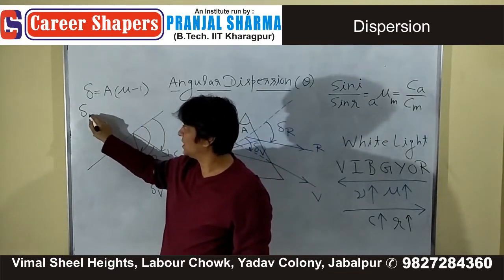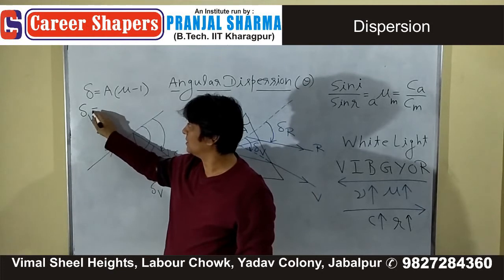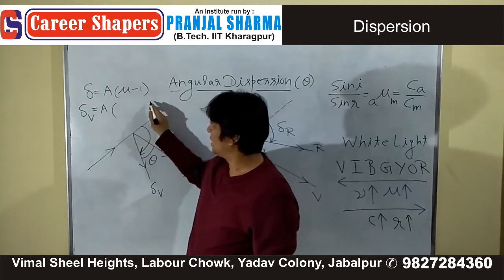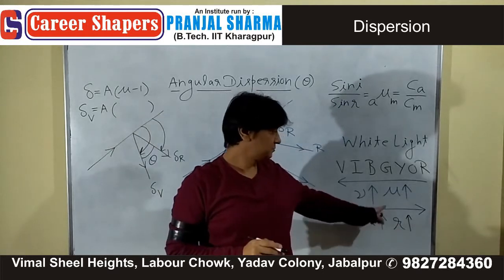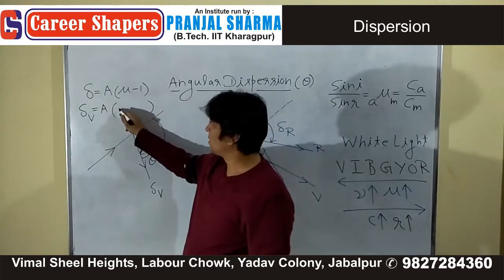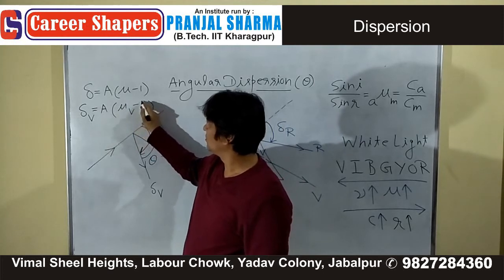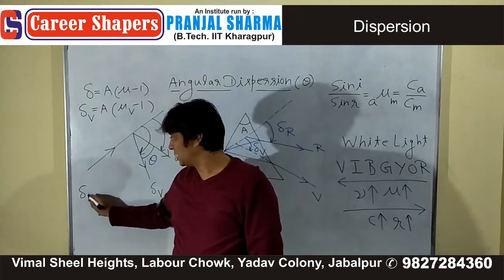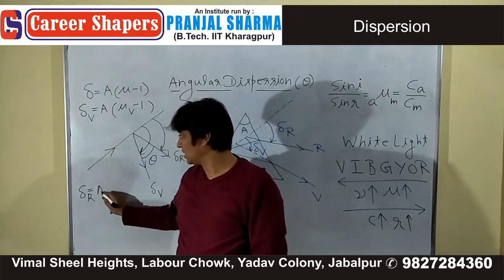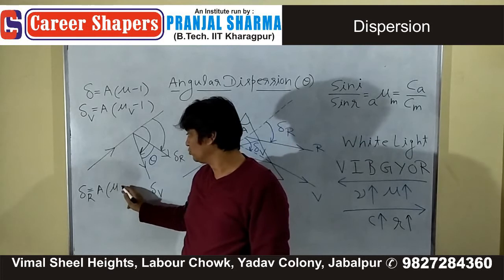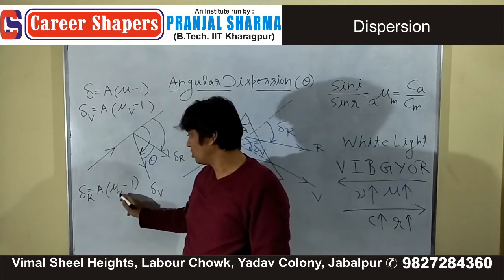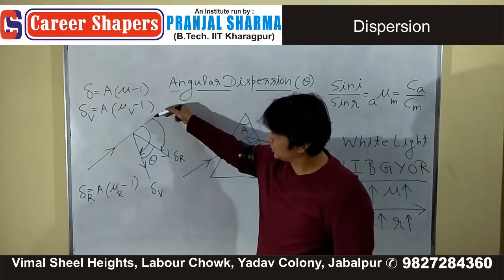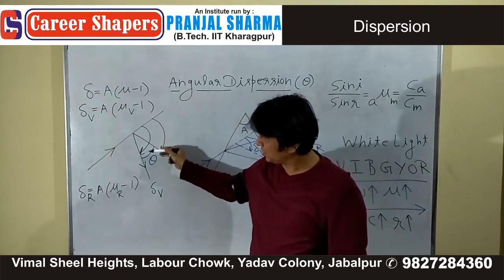If delta is A times (mu minus 1), what is delta for violet color? A is the angle of prism, that is the same, and you know that mu is not the same, and therefore you will be writing mu v minus 1. Similarly, for delta r, we will write A times (mu r minus 1), mu of what? Red color. Now look at this figure. This much is delta R. This whole thing is what?